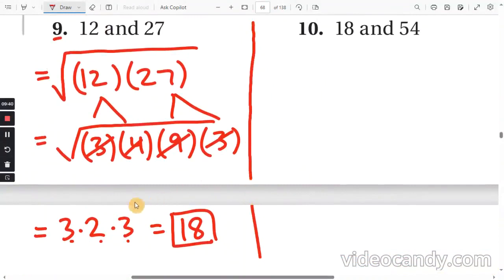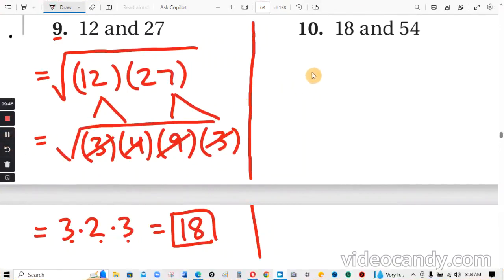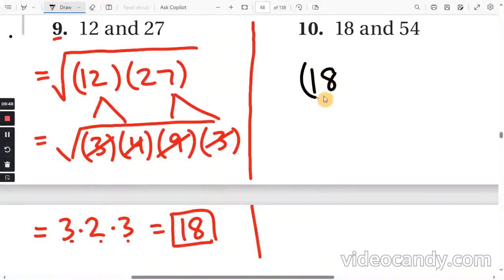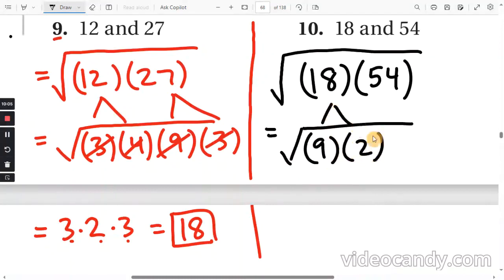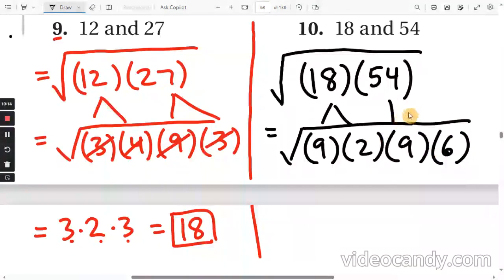Please try number 10. Number 10, we have 18 times 54, and you take the square root. Let's break them up a little bit and see what happens. 18 is the same as 9 times 2. 54 is the same as 9 times 6. So we have two matching numbers under the square root, 9 times 9.